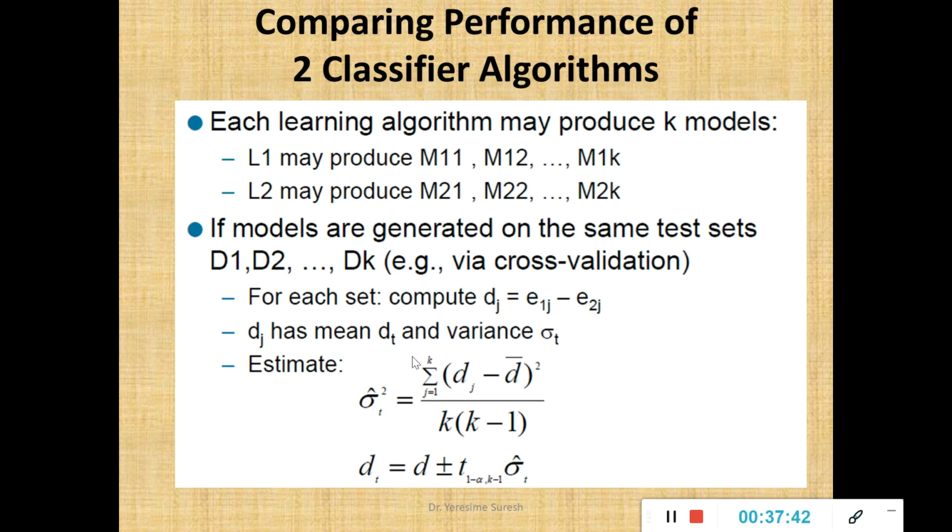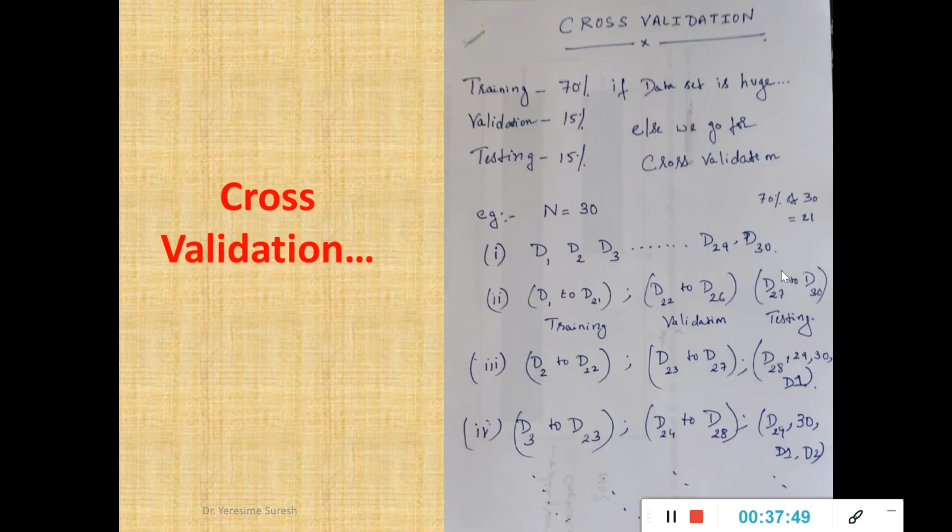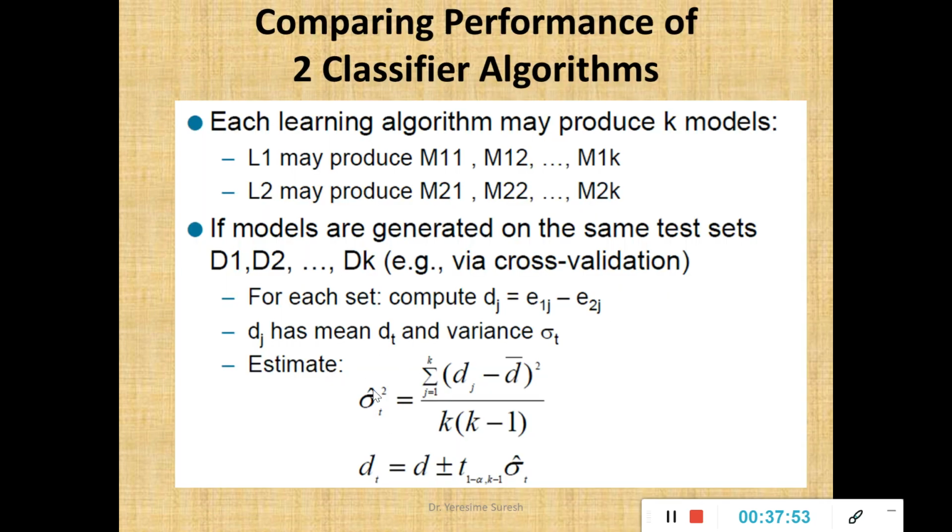For all the partitions starting from 1 to k, that means if you have 30 instances and you are partitioning it into 30, so for all the 30 sets, find the variance. Square root of variance will give me standard deviation, and confidence interval and confidence level will be given to you. Substitute that, find the true difference.